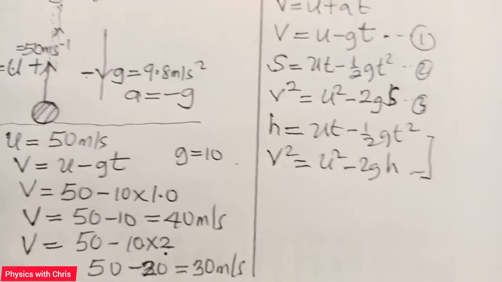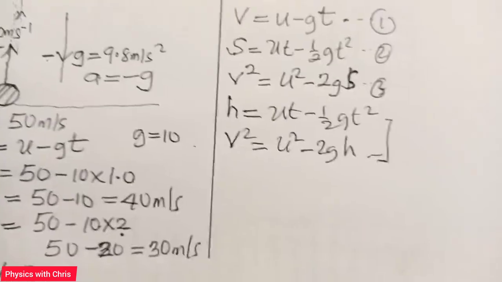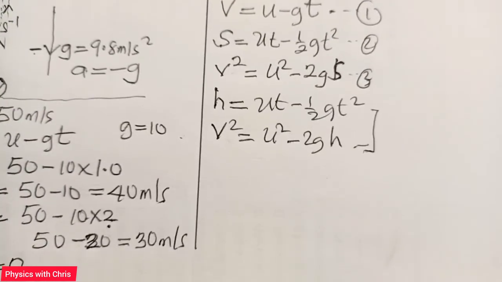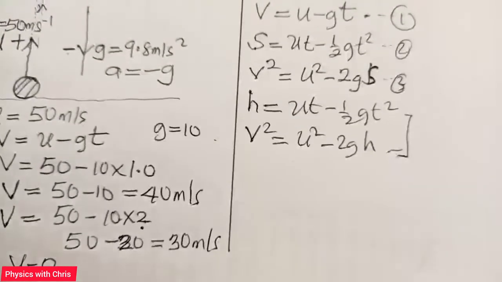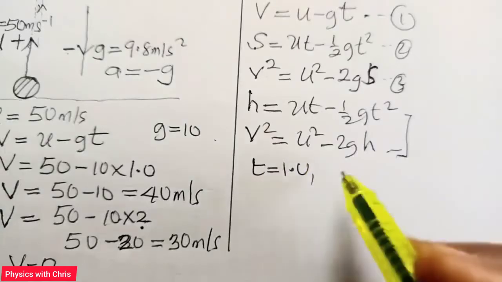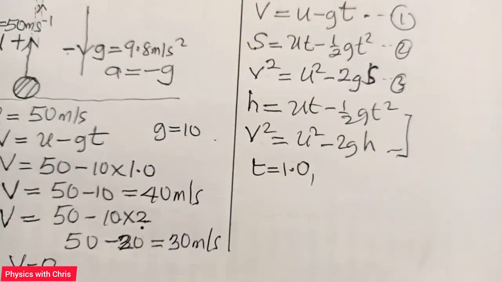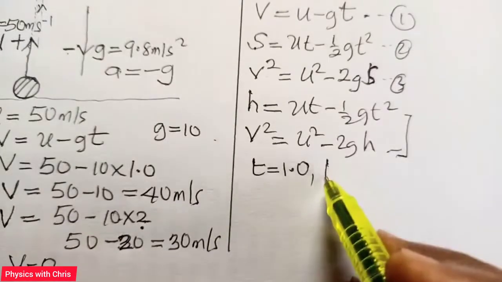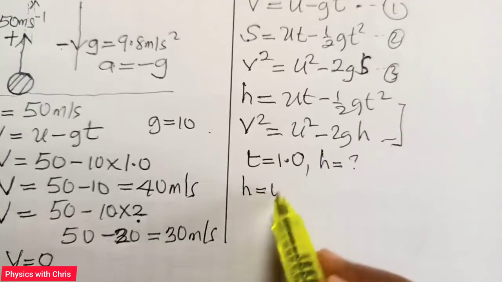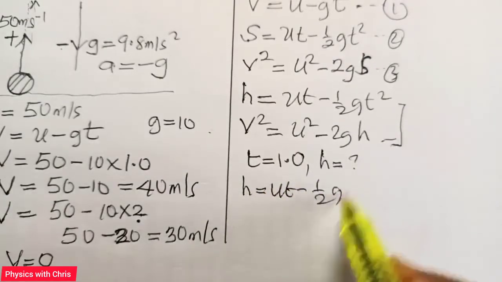And then again, we can look for the distances covered for different time intervals. Let's say 1 second later, when t equals 1 second, what's the position of this ball? How high has it risen above the ground? What's the height of this body above the ground? After 1 second, we can use h equals ut minus half gt squared.